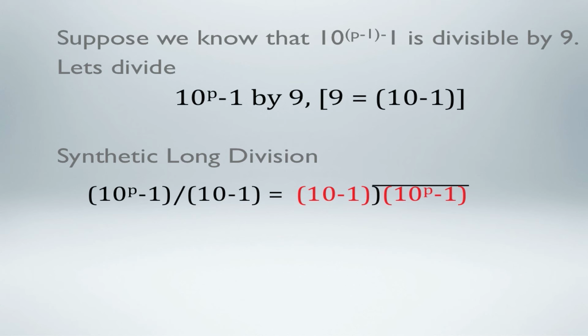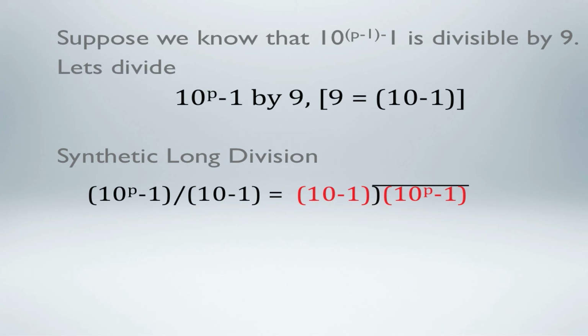Now, if we know that's true, can we show that it must be true that 10 to the p minus 1, the next increment on the exponent, will be divisible by 9? So, for example, if 10 squared minus 1 is divisible by 9, must it be true that 10 cubed minus 1 is divisible by 9? And the answer is yes, and I'll show you how we can prove that.